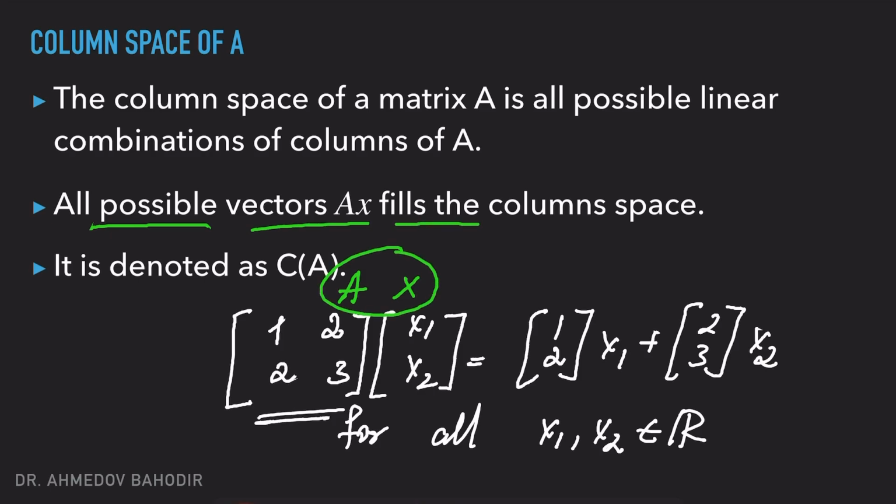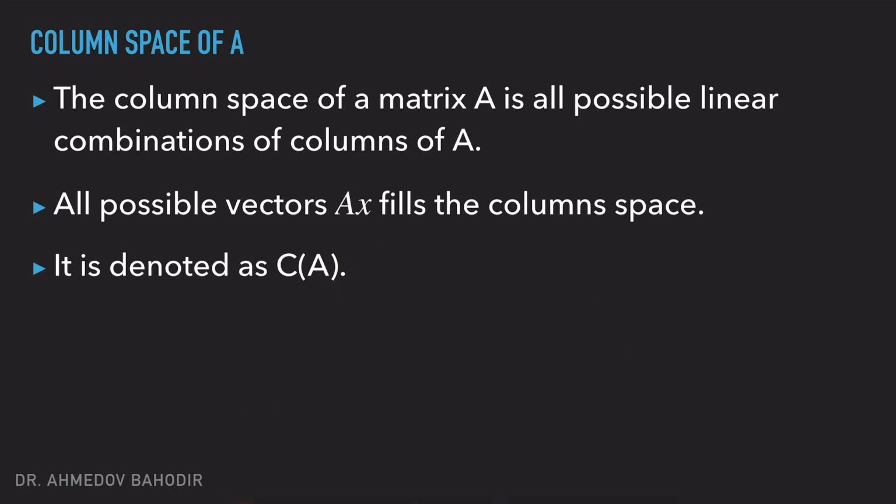It means that all possible linear combinations of the columns of A form the column space. At the same time, there is a concept, the so-called span of vectors.